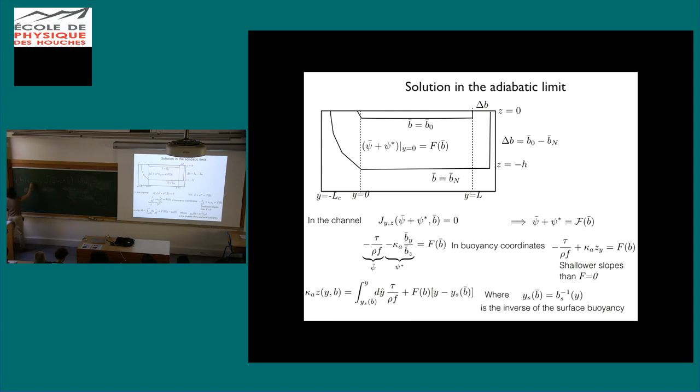So pi y over L is the arc sine of Bs at the surface. So this is ys, which is a function of b at the surface. Okay? So it's known. Something funny happened to this. Hold on.